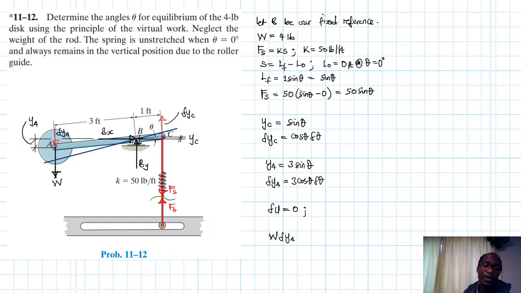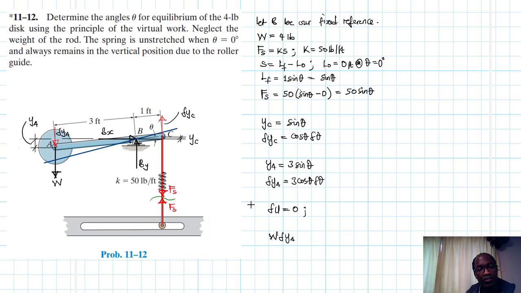Why? Because we do not have any translation of virtual displacement. We have the translation of forces but no translation of virtual displacement. We have rotation of virtual displacement here but no couple moment, therefore no work on either side, no work at B.